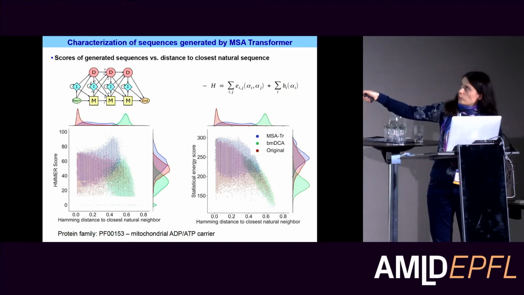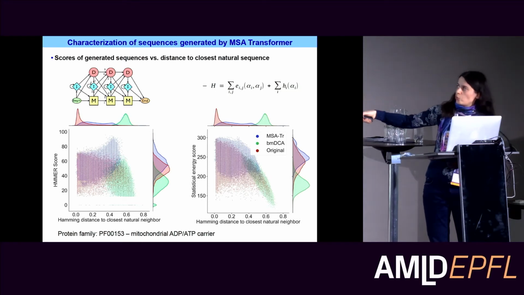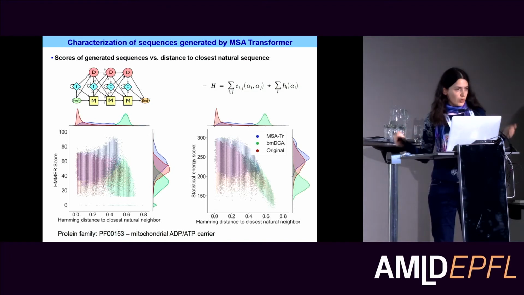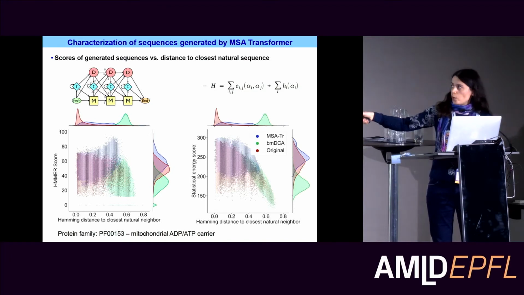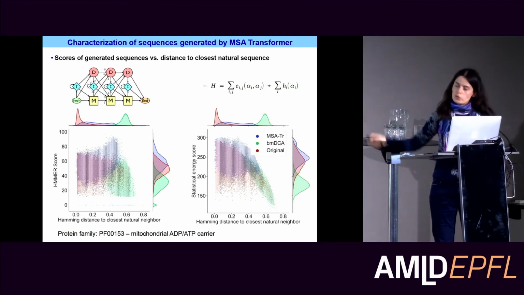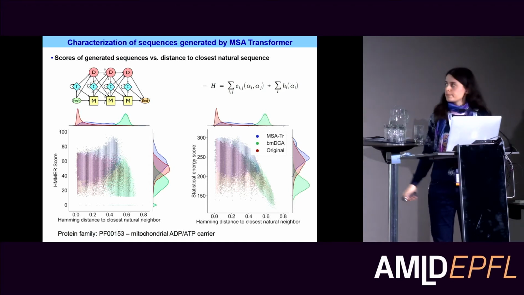And we can also compare this to the BM-DCA generated proteins, which are the ones generated by a Potts model. The sequences generated by the Potts model, on the contrary, have rather lower scores than the natural proteins. But we can also see something interesting, which is that they have more diversity. They are more different from the natural sequences.